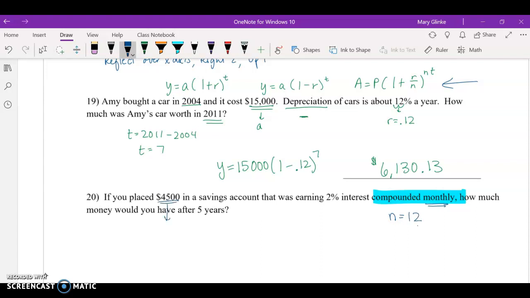The 4,500 is the initial amount, which is P in this formula. 2% is our rate, and so we're going to move that decimal over 2 spots and get 0.02. 5 represents your time in this one. So we're going to go ahead and plug in 4,500 for your P, 0.02 for your R, 12 for your N, and then 12 times 5 for your T.